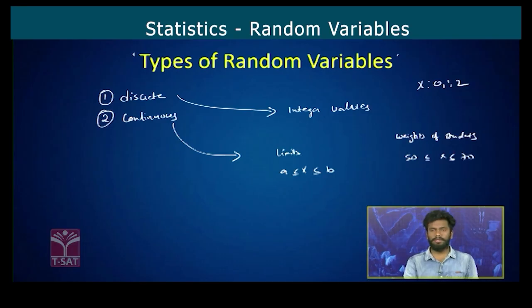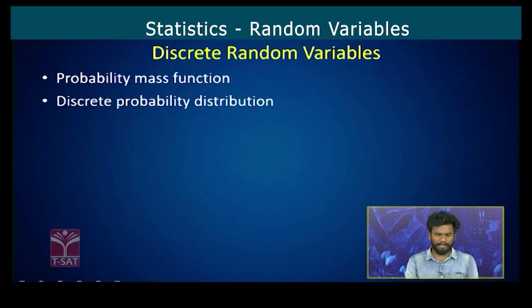So between 50 to 70, that random variable can take any value. It may be 50.4, 50.5, 60, 60.2, maybe anything within the limits. Now we'll see discrete random variable and continuous random variable in detail. So first, discrete random variables.